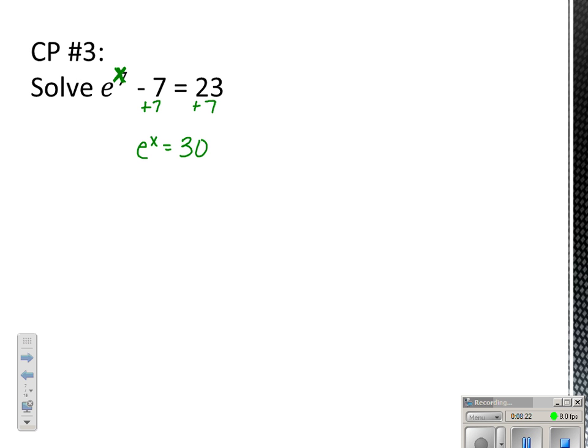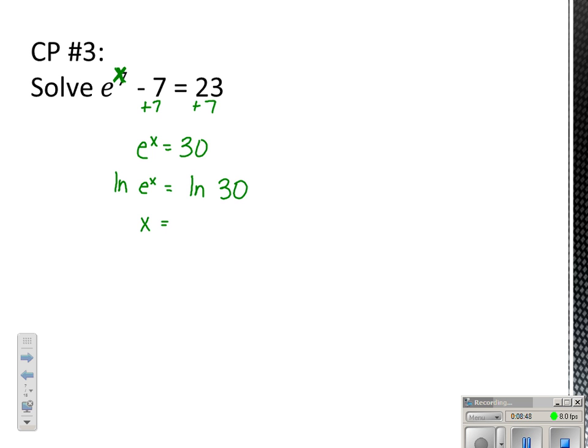Now with e, I'm going to do that backwards thing again. E works with natural logs. So if I had had ln of e to the x and ln of 30, I would have gotten to e to the x equals 30 using one-to-one. So again, I'm running it backwards. So I know that natural log of e to the x is equal to x.